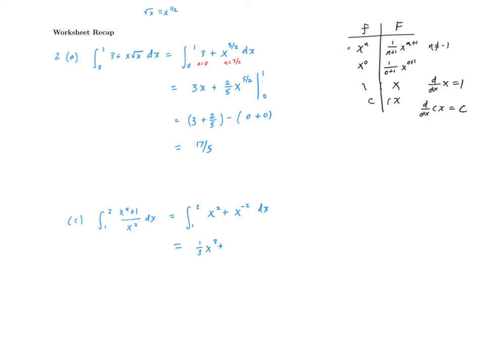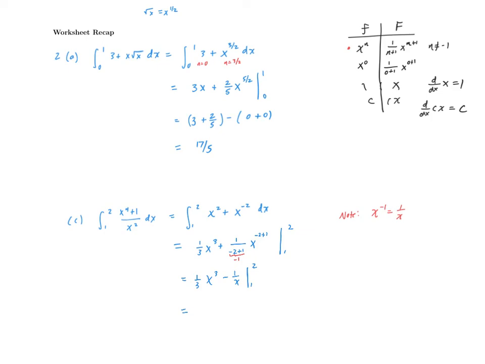So we have to be a little bit careful with minus signs, so I'm going to write out the details. 1 over minus 2 plus 1, x to the minus 2 plus 1, from 1 to 2. And just note, so there's no confusion, x to the minus 1 is 1 over x. And minus 2 plus 1 is minus 1. So this is written slightly more conveniently as 1/3 x cubed minus 1 over x.